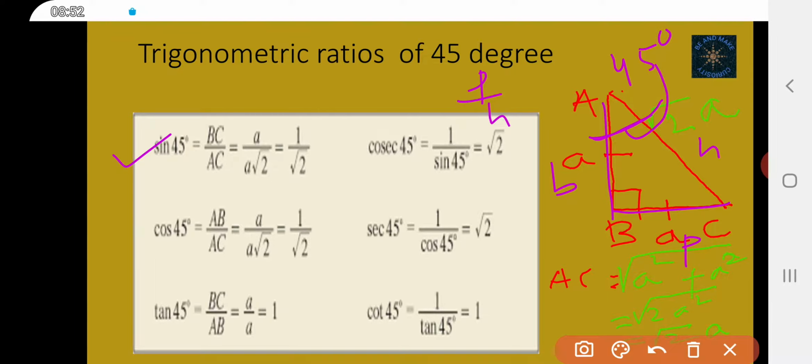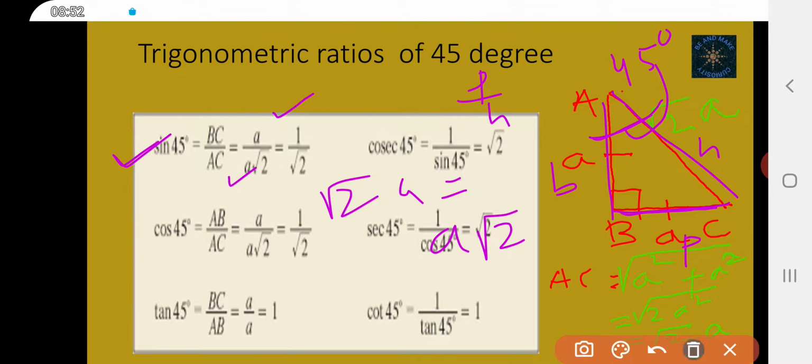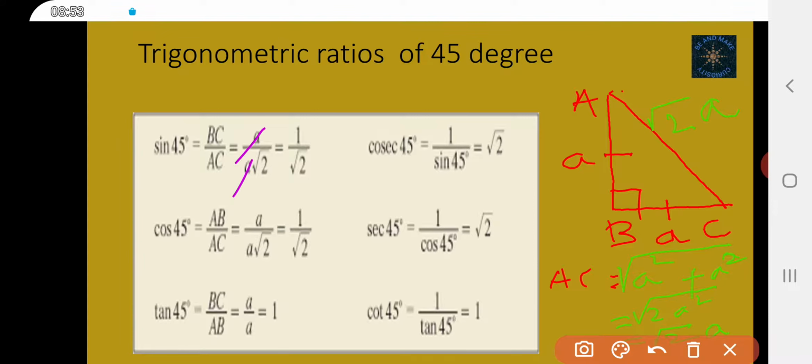Okay, so sine 45 degree is equal to BC by AC, P by H. So here BC is A, AC is root 2A, or you can write A root 2 also. So A cancel, then you get 1 by root 2.